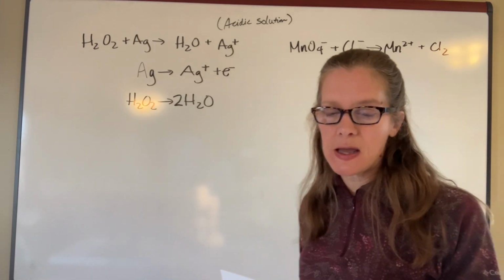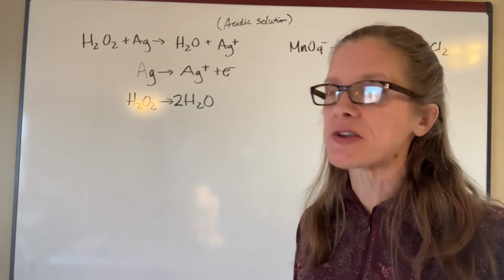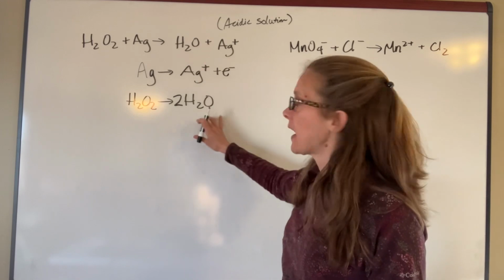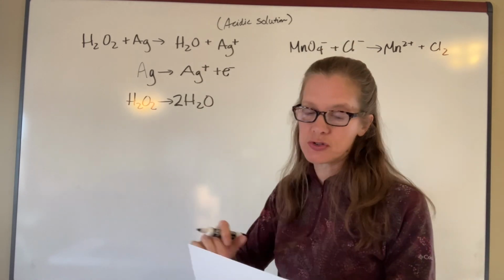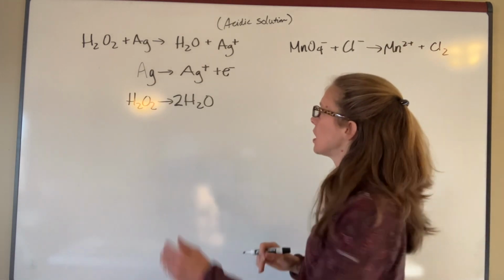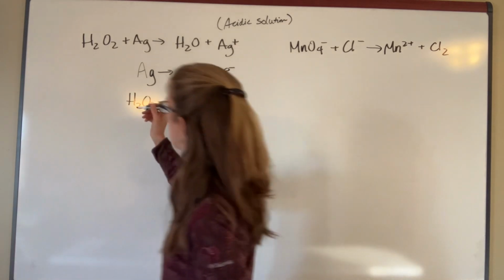The third step says we're going to balance oxygen atoms by adding water molecules. Well, I did have to add another water molecule there. So my oxygen atoms are balanced now. The next step is to balance hydrogen atoms by adding hydrogen ions. Well, I have 4 hydrogens on this side and 2 on this side.